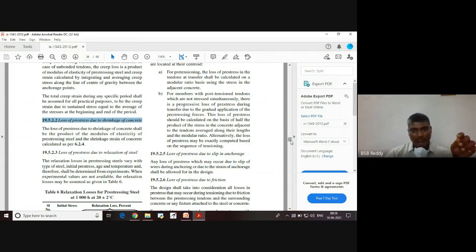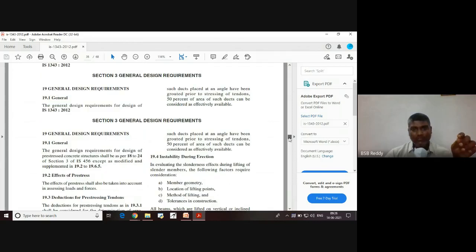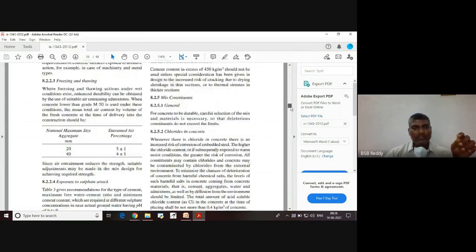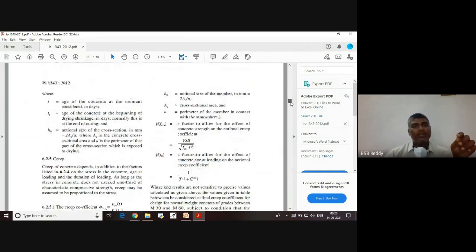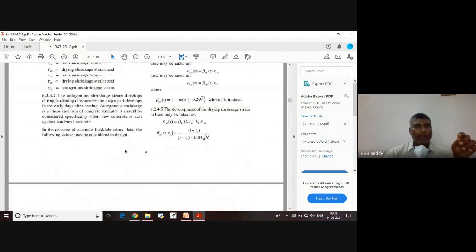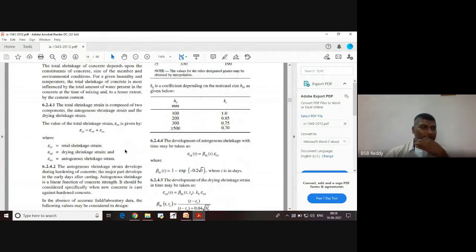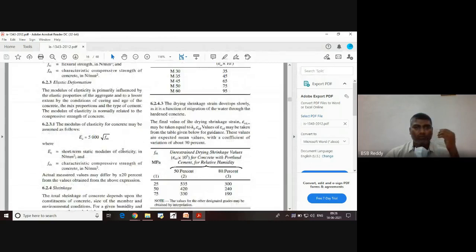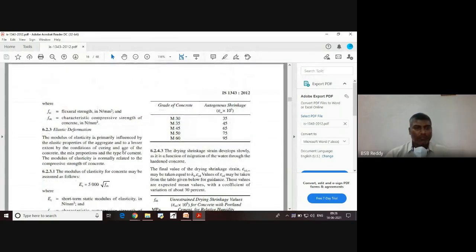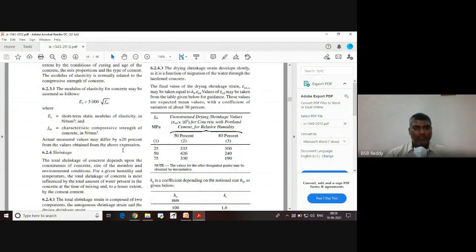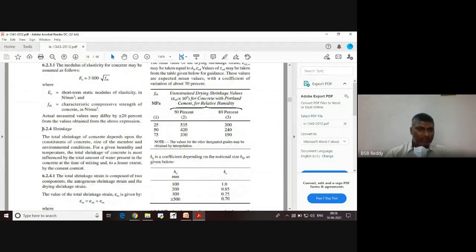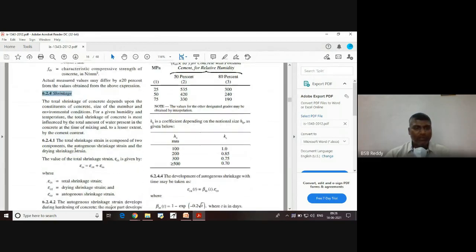So let us go to 6.2.4, clause 6.2.4. Okay, right. So this is about clause 6.2.4. It talks about shrinkage. So how to calculate the shrinkage strain?